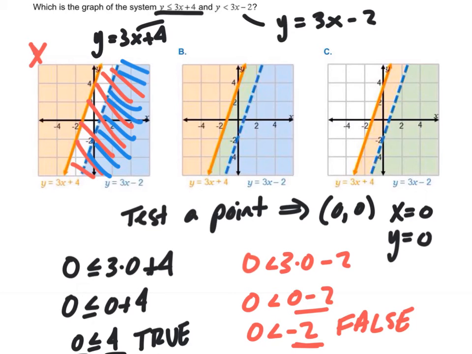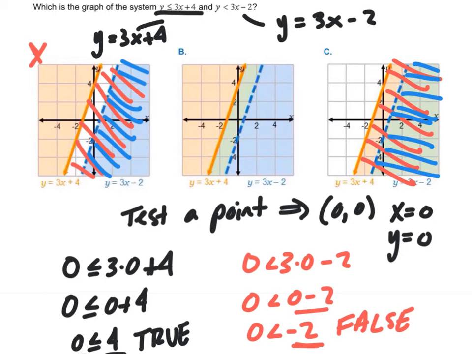Now here you see that there is shading below, but what this graph is saying is that these two shadings intersect. Basically they did the same thing here and just made it look like they were intersecting. But here we shade below that line, and then we shade below this line here.